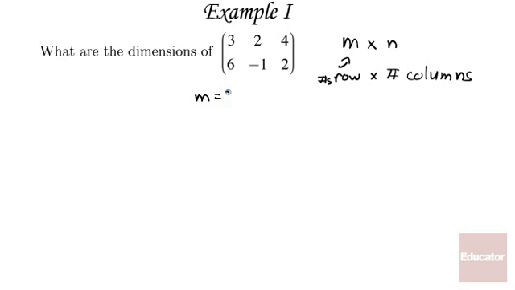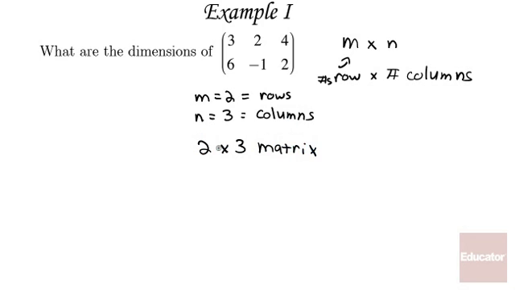So m equals 2, the number of rows. And columns, n equals 1, 2, 3. There are 3 columns. Therefore, this is a 2 by 3 matrix. The dimensions of this matrix are 2 by 3, rows by columns.